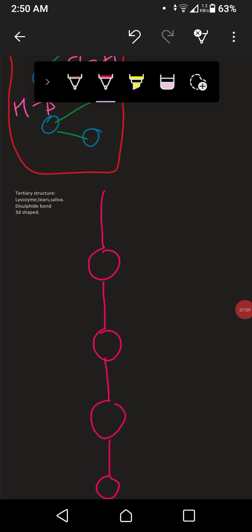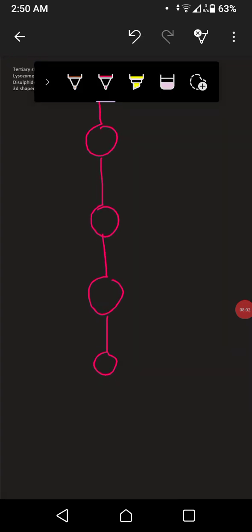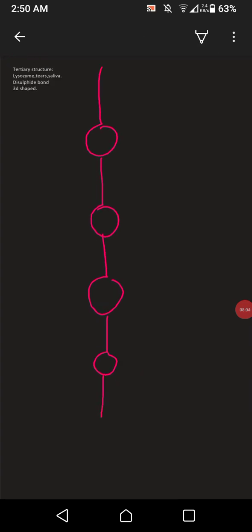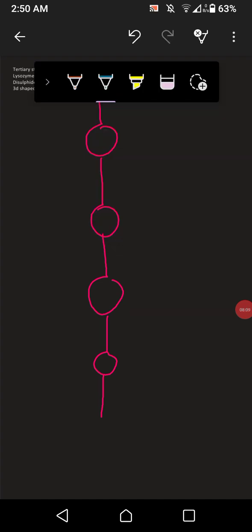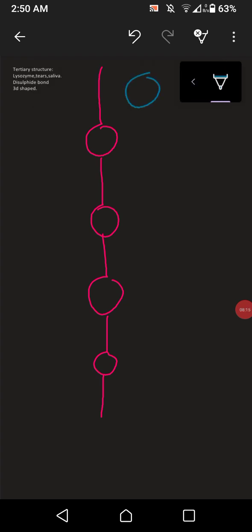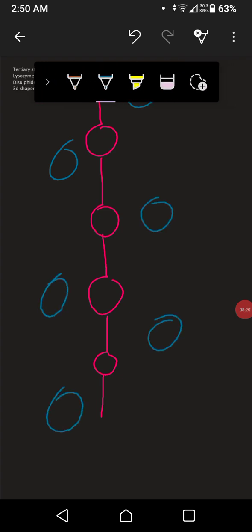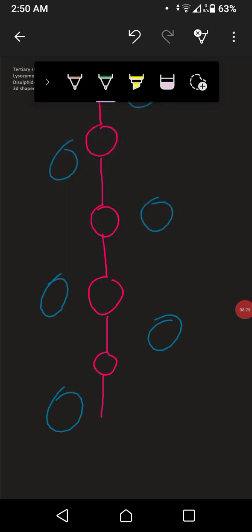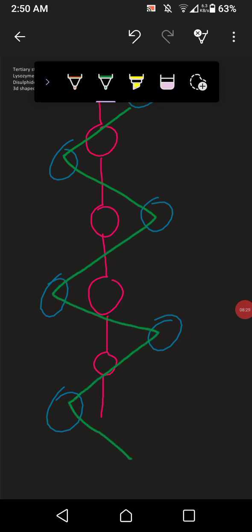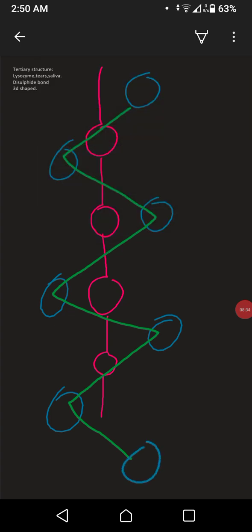Basically, we can say that it is a combination of the primary and secondary structures. This is how they all are formed.